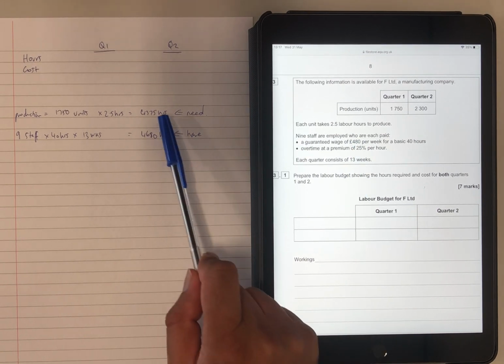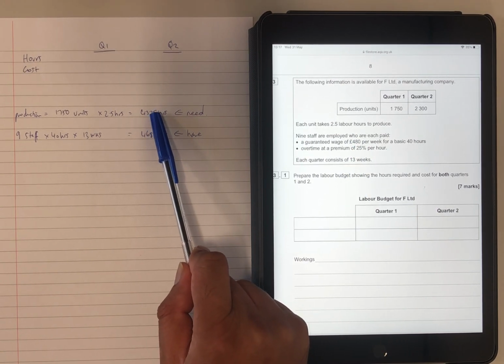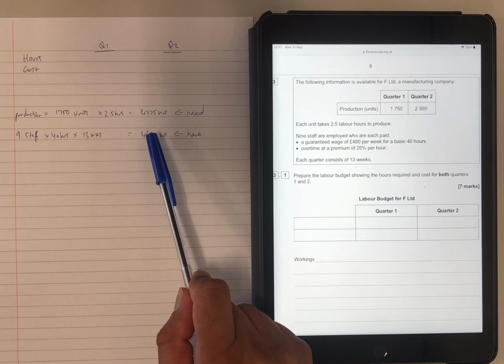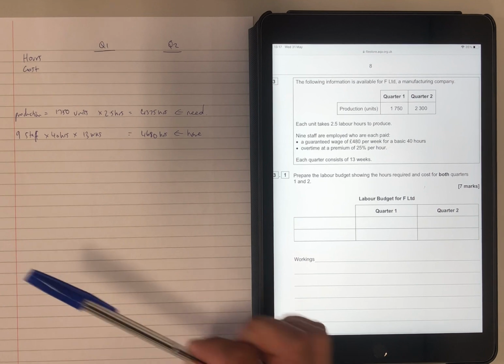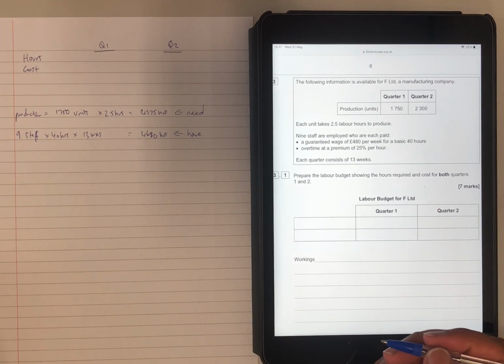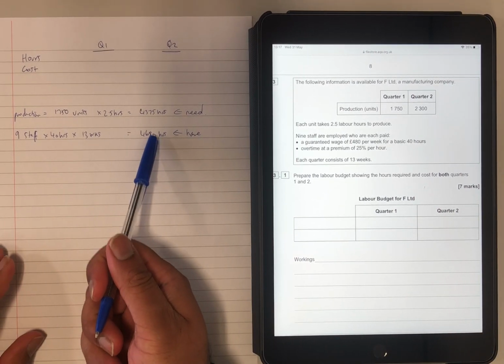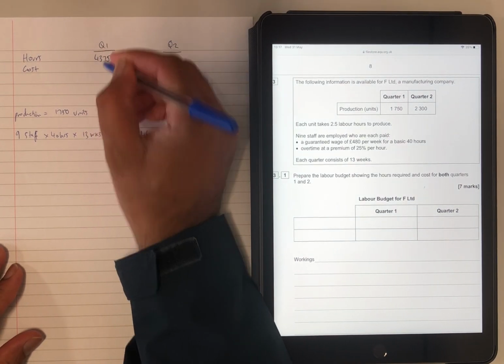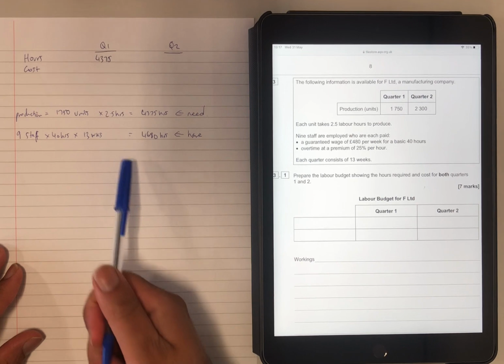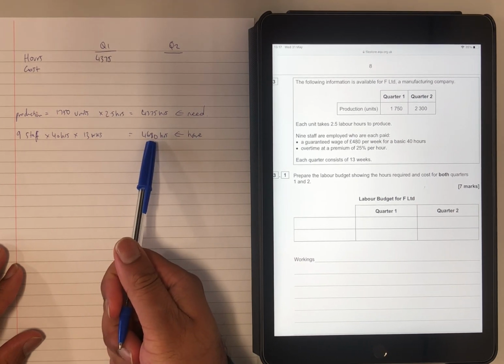So we calculate the cost on the guaranteed wage rate. Now, in terms of hours, we don't need 4680. We need 4375. So that's the hours that we need, but we're paying them for the full 4680.